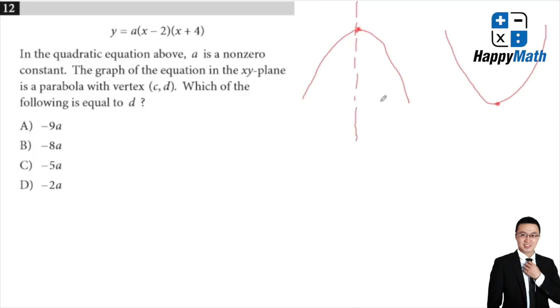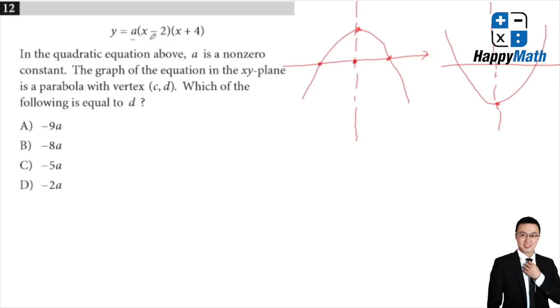And the vertex always lies on the symmetry line. The symmetry line is the line that reflects the two sides of the parabola onto each other. So because we have the symmetry line, the symmetry line through this point will be the midpoint of the two solutions here.